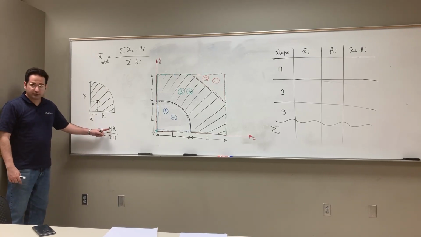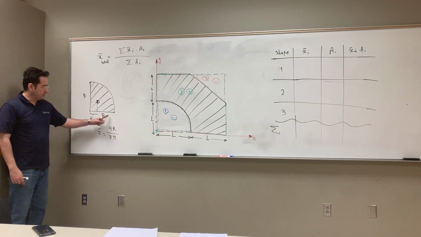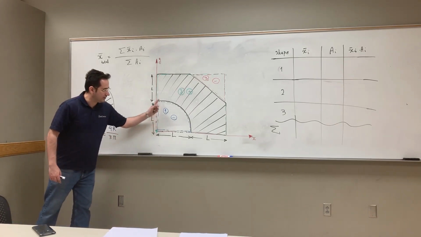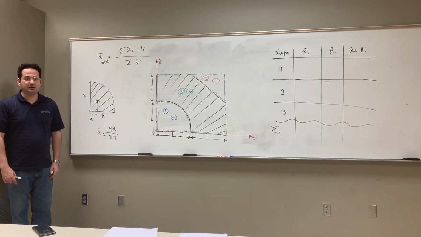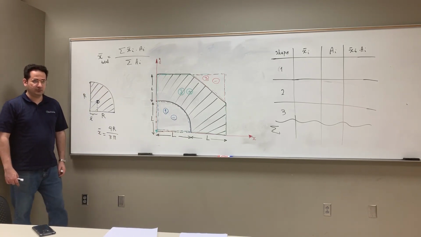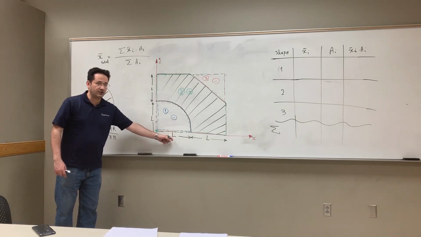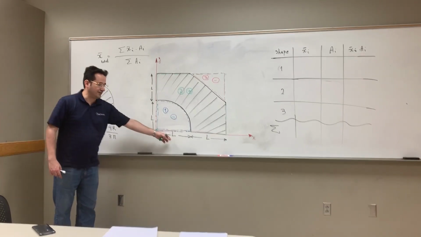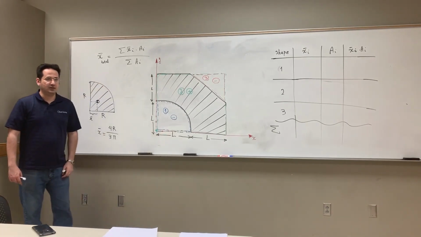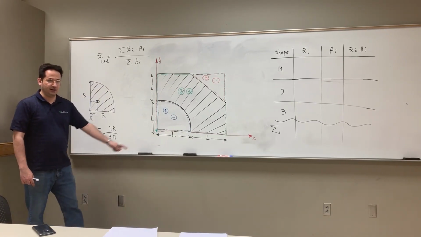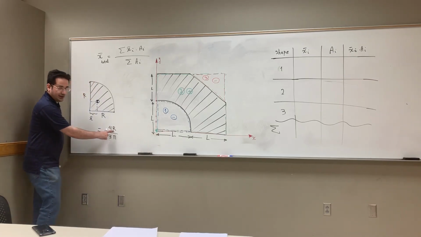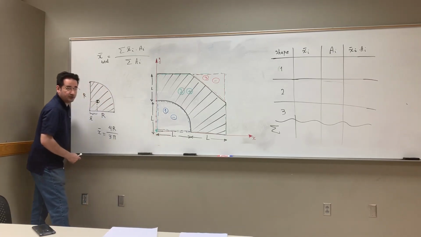So it's going to be 4 times radius divided by 3 pi. But what is the radius of this circle? Yeah, which is L. Let's solve it parametrically versus L for an arbitrary L. So radius is L, which is 2.5, right?